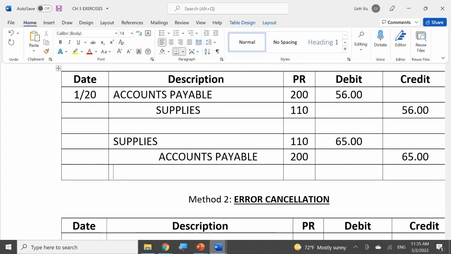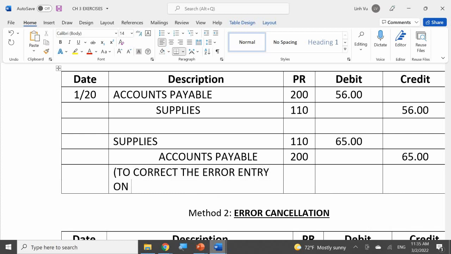Every time you make an error like this, you're going to say to correct the error entry on January 10, because that was the original journal, right?